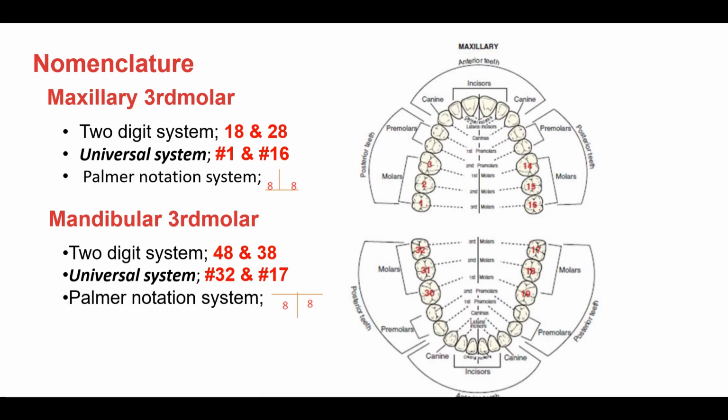And in the Palmer notation system, for the maxillary third molar, denote the upper arch and write the number of the tooth, that is 8, on each quadrant. And for the mandibular, denote the mandibular arch and write 8 for the third molar.